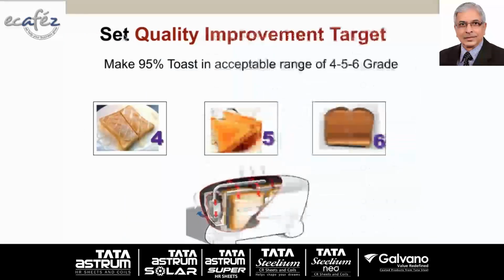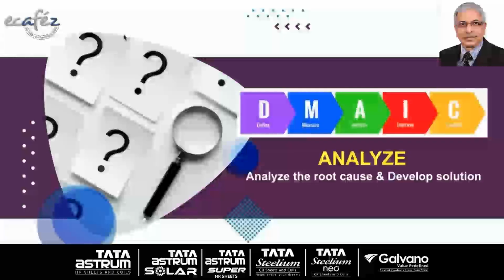Now we have to set a quality improvement target by the team. The target is set: 95% of toast must be in the acceptable range of 4, 5, and 6. So what needs to be done to get 95% in this range?